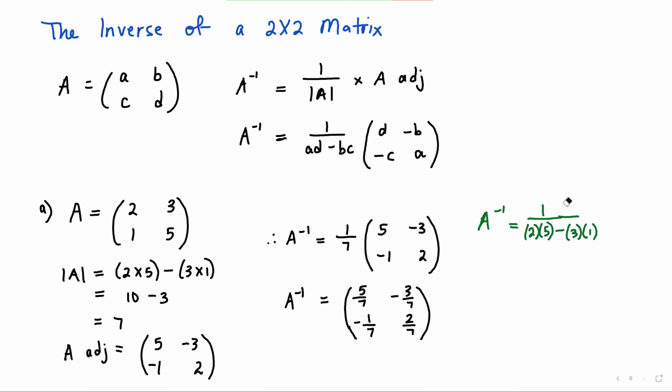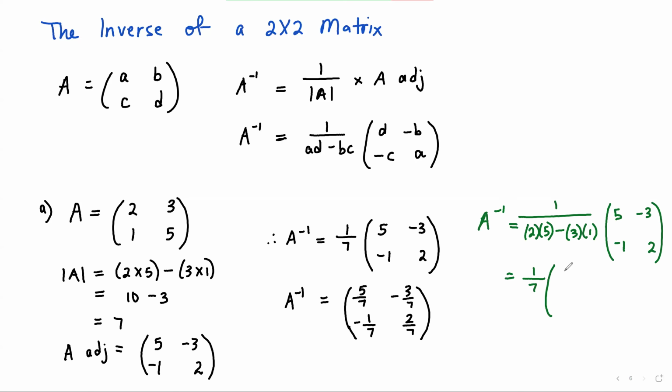So that would be 2 by 5, take away 3 by 1. Let me write this better. Yeah, so it's 1 over that, multiplied by the adjoint. So that would be 5, 2, negative 3, negative 1. And then I just simplify it right there. 1 over, 5 times 2 is 10, 3 times 1 is 3, so 10 take away 3 is 7.